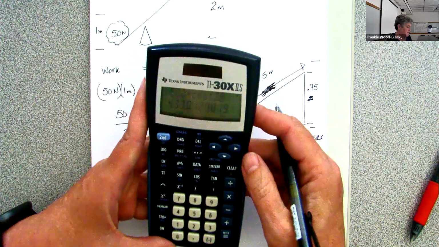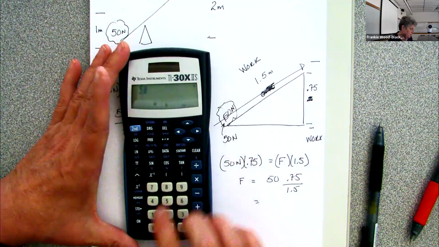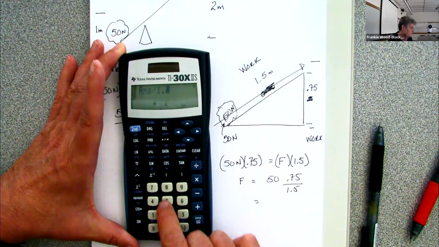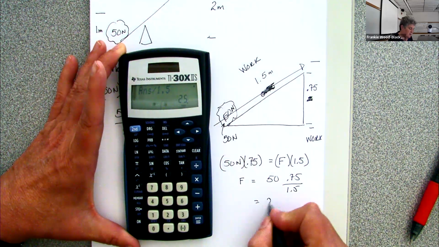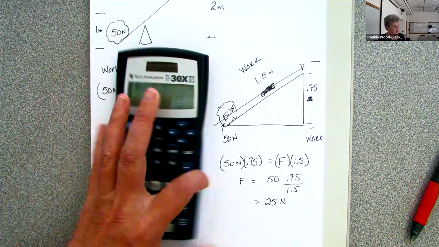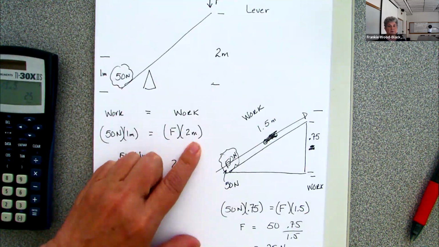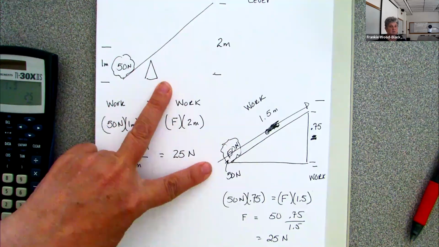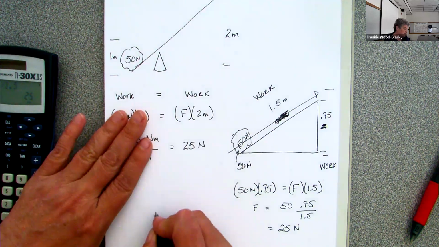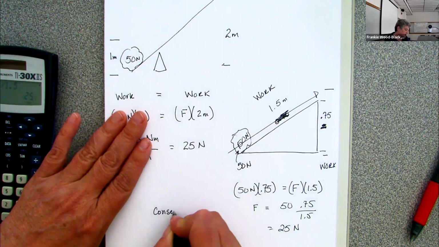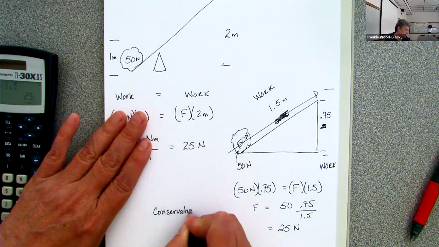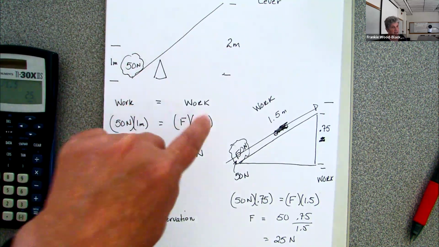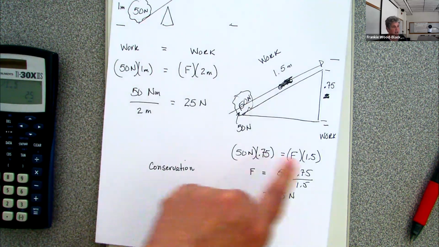That should be the same thing I just did. I didn't get really fun on numbers, but we're going to go ahead and multiply it out just to make it all good. Guess what? I only have to do 25 newtons. So my ramp and my lever all come from the fact that I've got conservation between these two systems. This side has got to equal that side. This side has got to equal that side.